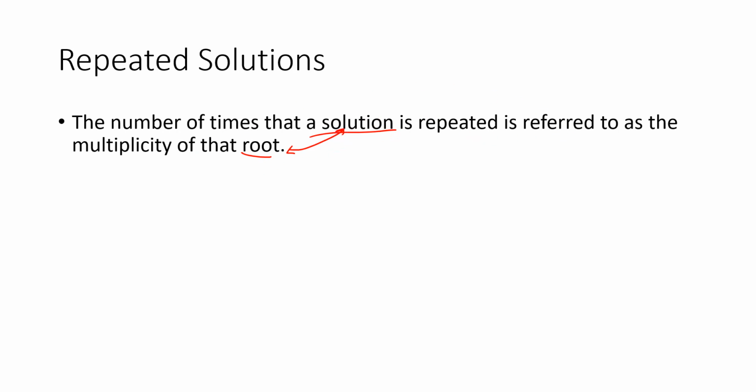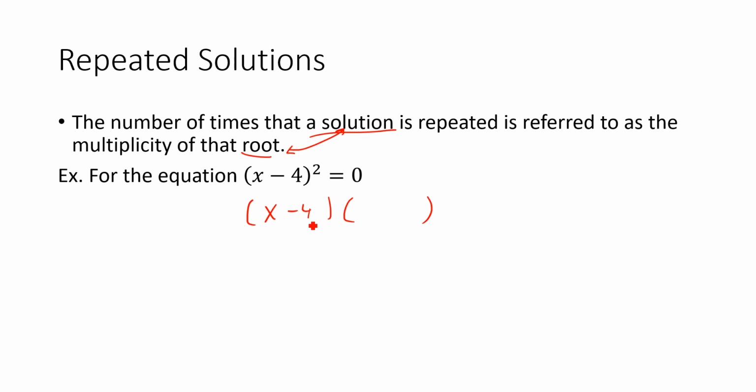That's it. So for the equation (x minus 4) squared equals 0, well, (x minus 4) squared is just (x minus 4) times (x minus 4). If I wanted to get the solution to this, I just set each one of these factors equal to 0, because of the zero product property, meaning that it can only equal 0 if one or both of these factors equal 0.